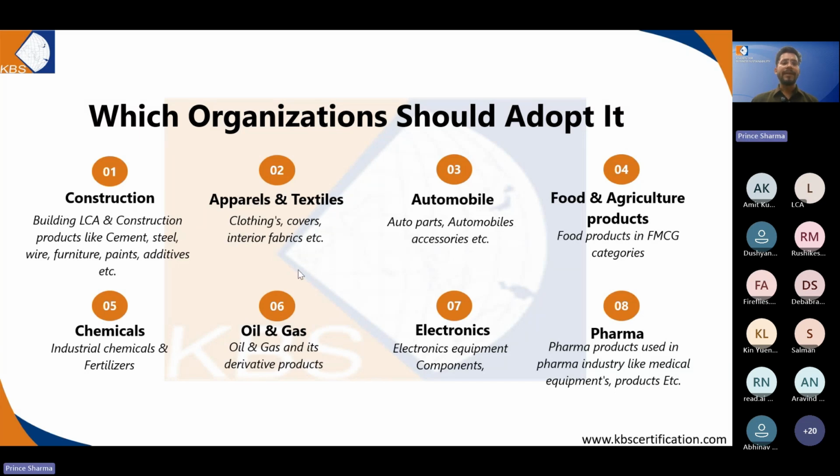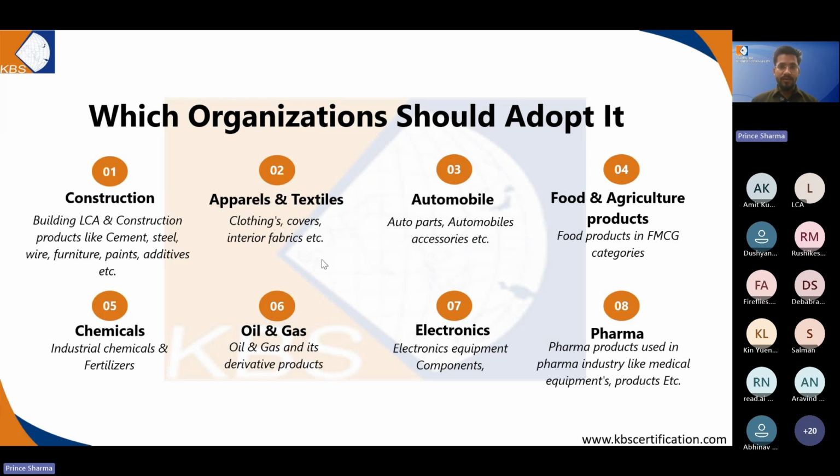Now apparel and textile, so clothing and covers, interiors. Apart from that, in the automotive industry, there are a lot of fabrics that we use in different parts. Then in industries we use gloves and jackets.